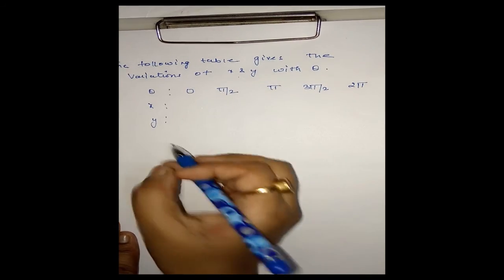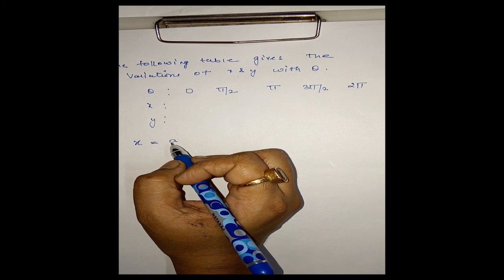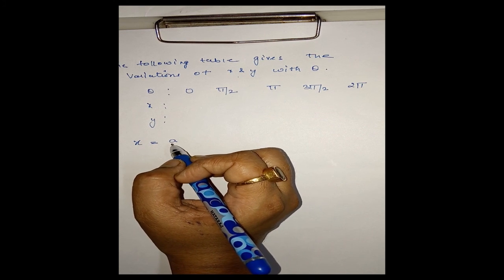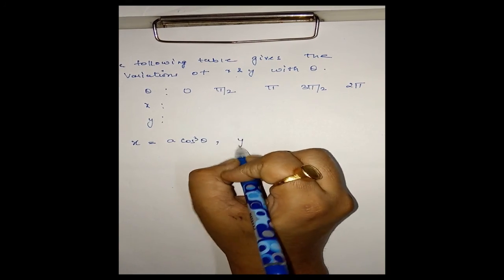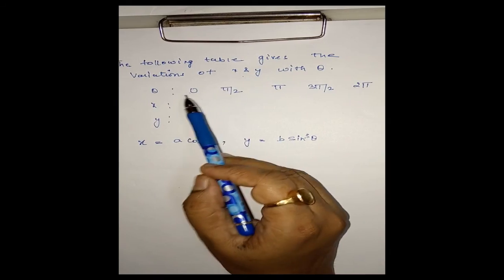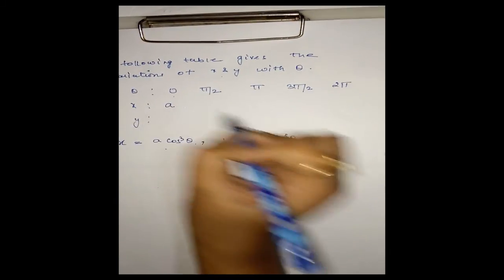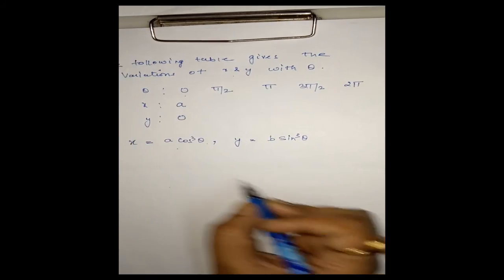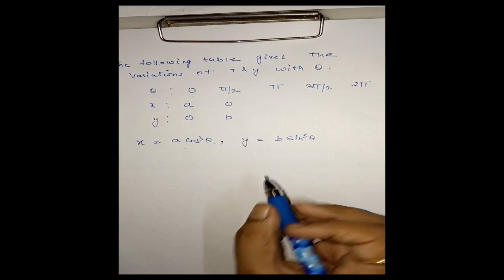Now x is defined as a cos cube theta and y as b sin cube theta. When theta is 0, x is a and y is 0. At pi by 2, x is 0 and y is b.